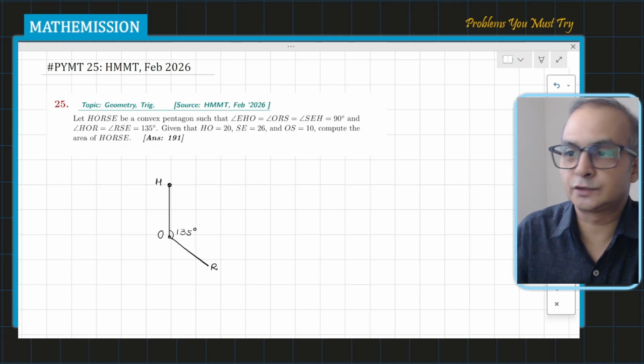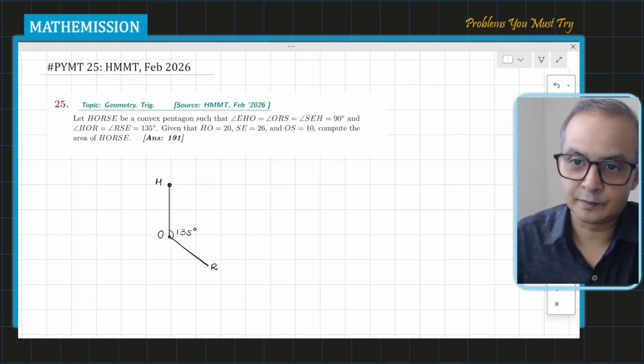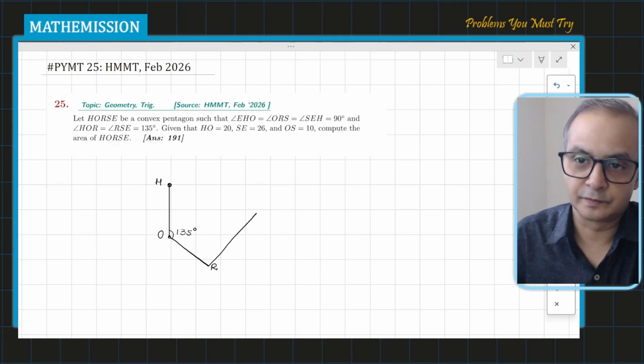But you notice one thing here, that ORS is 90 degrees. ORS 90 degrees means we are taking a 90 degree angle, perpendicular to this, like this one, and this angle is going to be 90. So let me just shade this as 90.